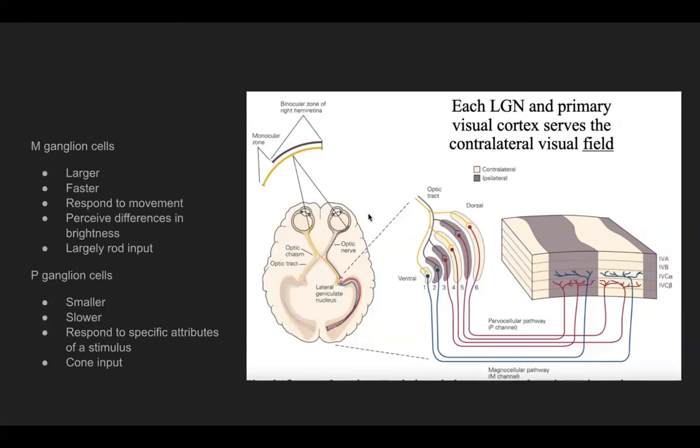And here we see different types of ganglion cells. We see what we call the M channel, these M ganglion cells, which are larger, they're faster, they respond to movement, they're mostly rod input, and they perceive differences in brightness.